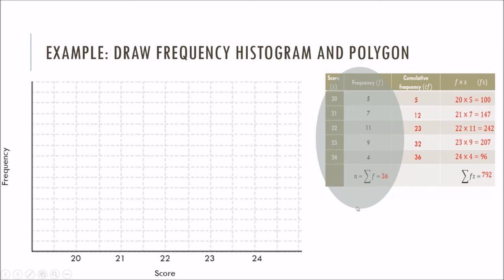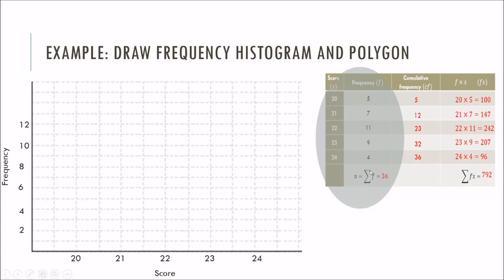So we're going to write in our scores, so 20 to 24, and then we're going to draw in our axes and numbers on our vertical axis. So we needed to have a maximum of 11. Evenly spacing those out, I've spaced them out so each line is representative of one, so our data isn't too squished together and it's not too spread out.